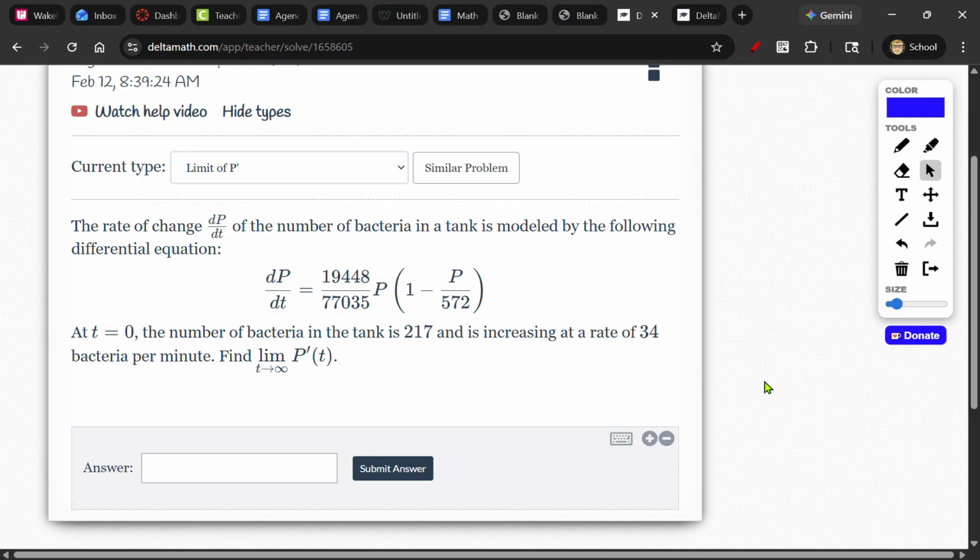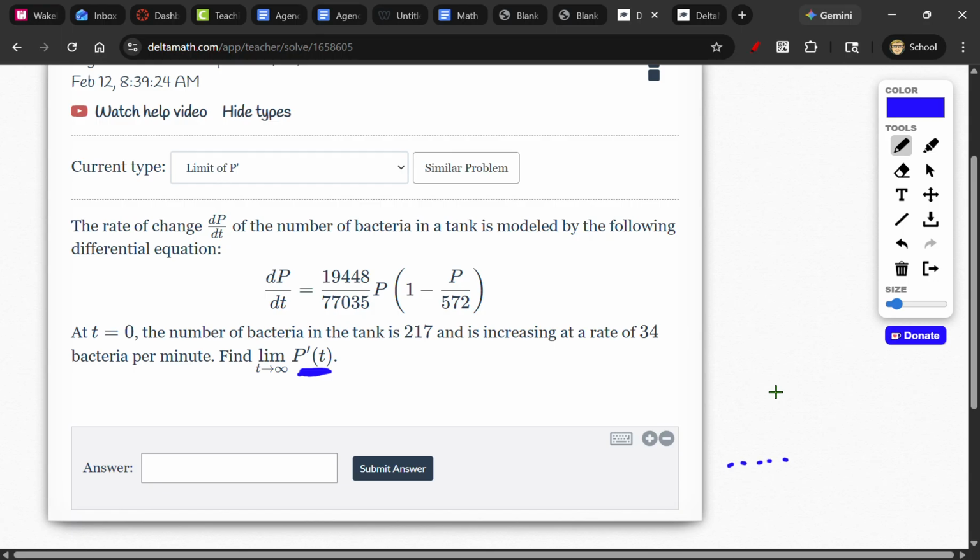Also, they're going to ask you about the rate of change at these limiting values, right? So here there's a differential equation, and they're asking about the limit of the slope of P. This is the rate of change of P. So they're not asking about P itself, they're asking about how fast it's changing.